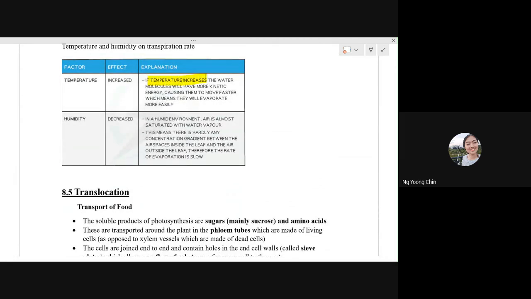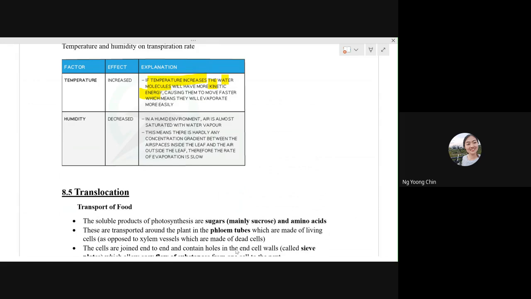Temperature increase, because temperature is always related to the kinetic energy of the water molecule. So when you increase the temperature, you actually increase the kinetic energy of the water molecule, right? So the water molecules will vibrate faster. When they vibrate faster, they will be losing more.